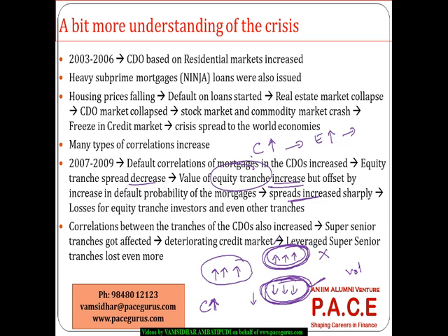If all of them are defaulting, there is a chance of loss to the mezzanine tranche. Whereas if the correlations were lesser, only a few of them are going to default, and the equity tranche will absorb that loss. Only when all of them default will the loss percolate to the mezzanine tranche.